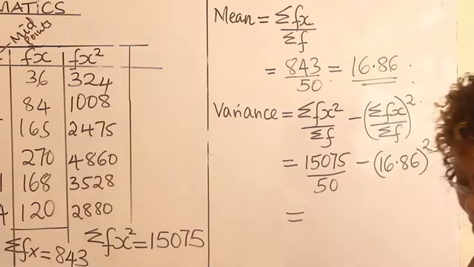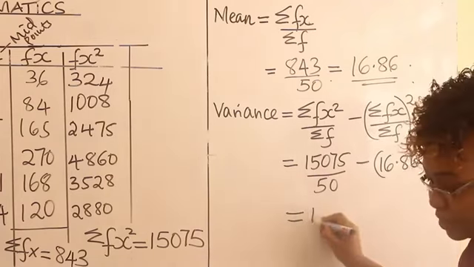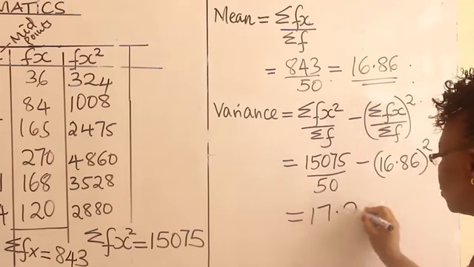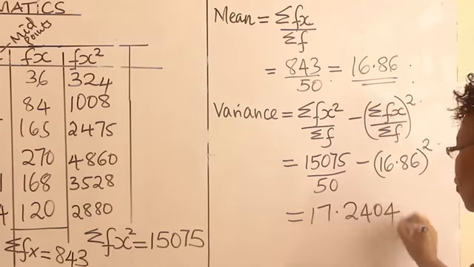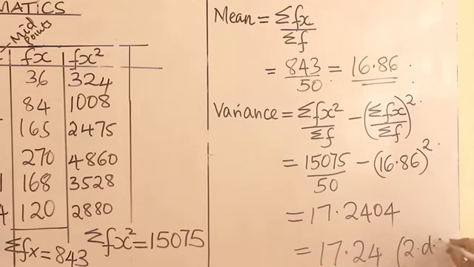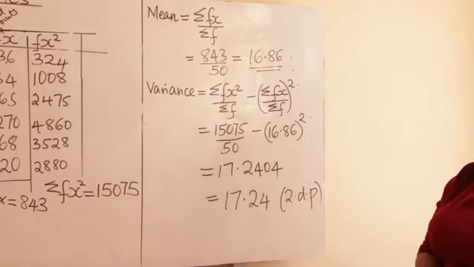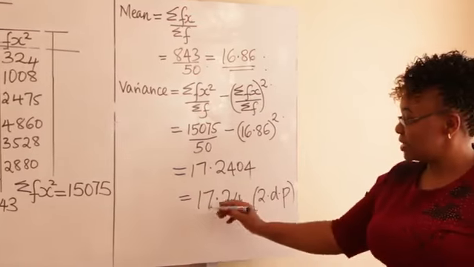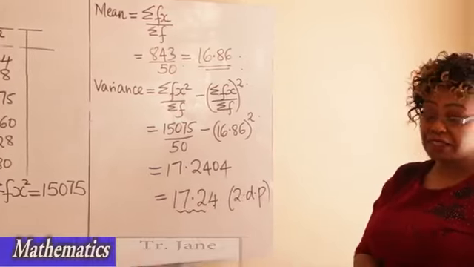Go and confirm. You should get 17.2404. And maybe to the nearest two decimal places, you would get that. So, learner, this is our variance.